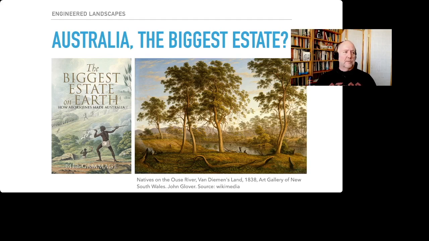Now, that in itself isn't particularly earth-shattering, but then niche construction theory goes on to say, these environmental modifications have the potential to modify or generate selective pressures that feed back to the organisms that perform such environmental modifications and to other organisms that are influenced by these environmental changes. Okay, so that means basically that if you modify your environment, you change the selection on you as a species or a population in that environment.